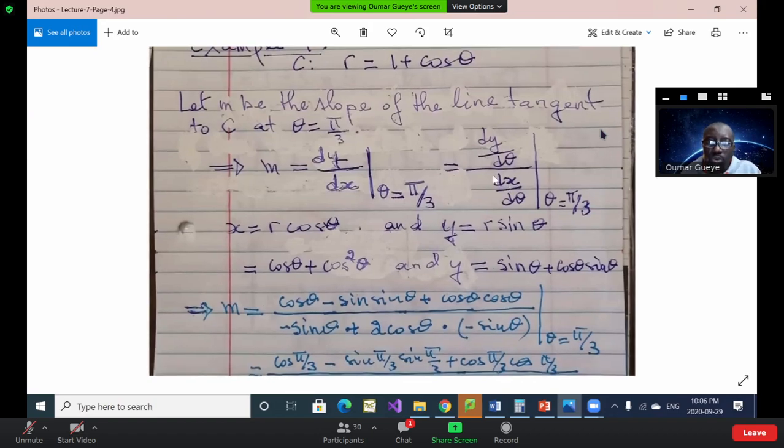Back to our formula here, I'm going to calculate the derivative on the top, the numerator. So we need to differentiate y. The derivative of the first term is equal to cosine of theta. But when we want to differentiate the second term, you can see this is the product of two functions. And to calculate the derivative, you have to use the product rule. When you use the product rule, you differentiate the first factor.